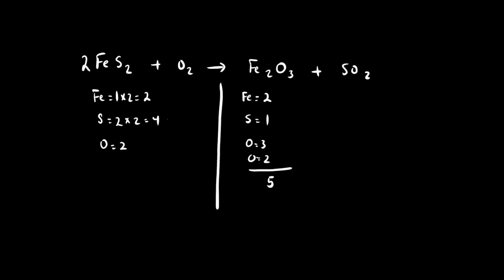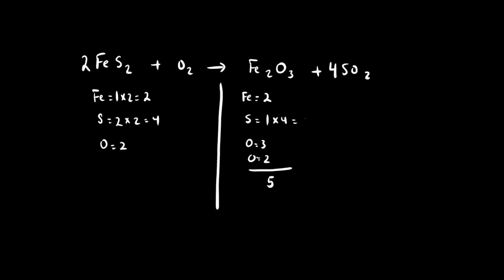We've balanced the iron. Now let's go ahead and balance the sulfur. We have 4 sulfur on the left, 1 on the right. Least common multiple of the 2 is 4, so we need a coefficient of 4 in front of the sulfur dioxide.